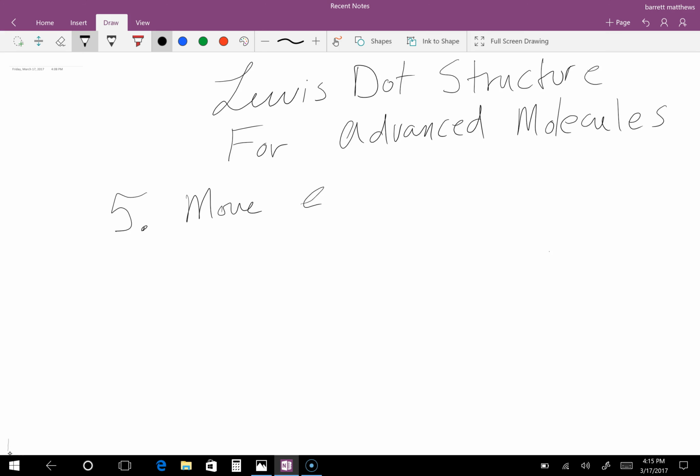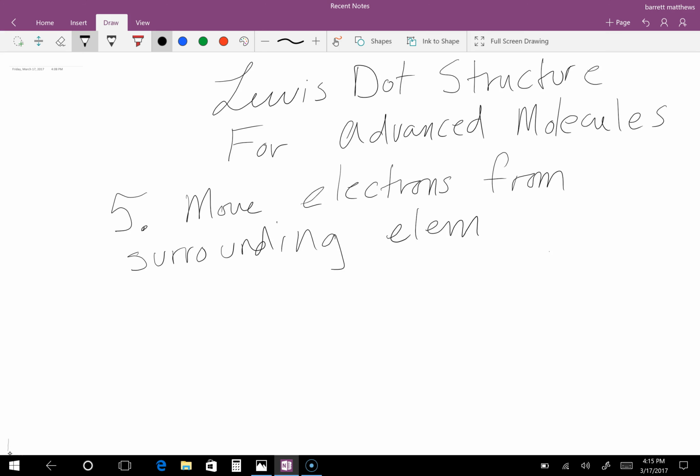Now, my last step. I have used up all the valence shell electrons, and they're on the molecule. I will now take a look at the center atom. It probably will not have 8 electrons, but it needs 8 electrons because of the octet rule.